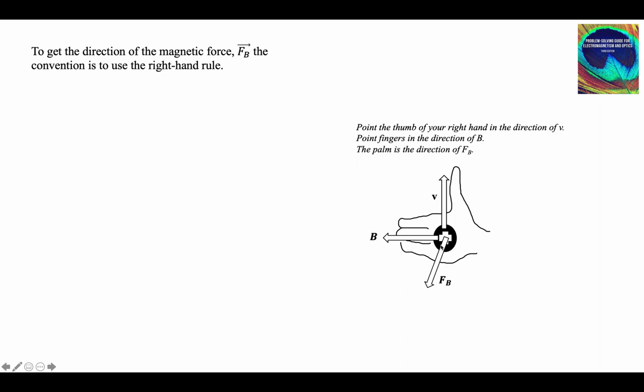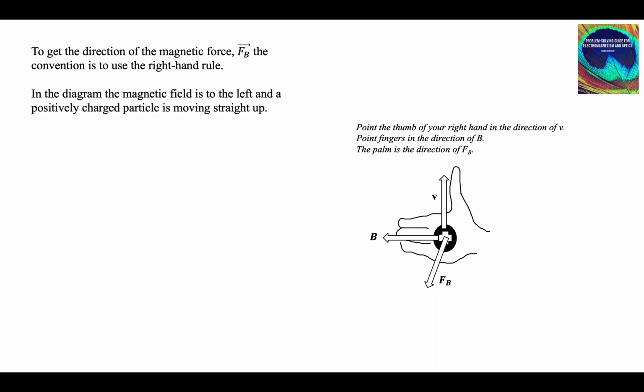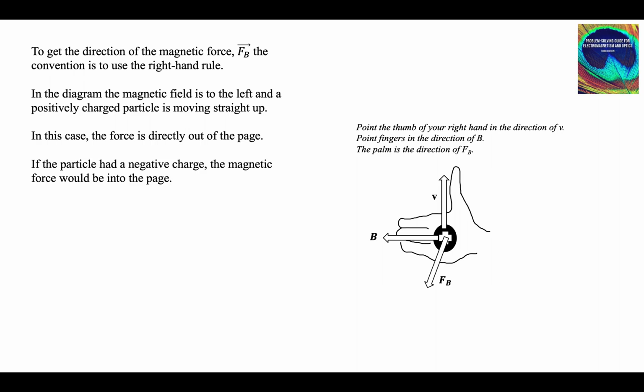So your palm, think about your palm pushing in that direction. The force is directly out of the page. If the particle had a negative charge, it would flip the force and it would be into the page.